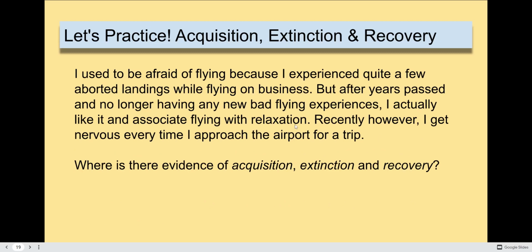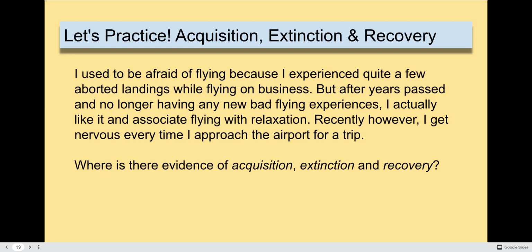But after flying a lot for business and not really having any new bad flying experience, I actually started to like it. And I even started to associate flying with relaxation. Back in the old days, before you could use your cell phones on planes and before there was a lot of activity on planes, it was just a nice, relaxing thing for me.